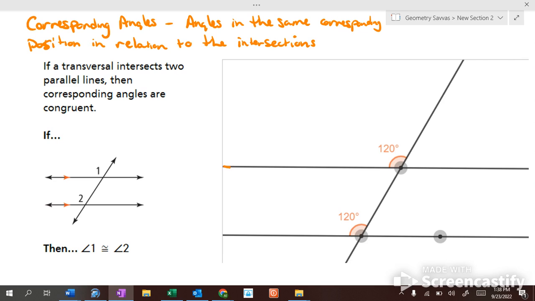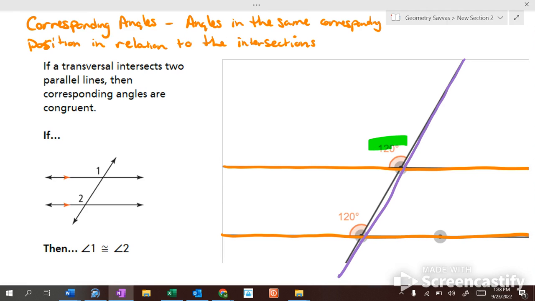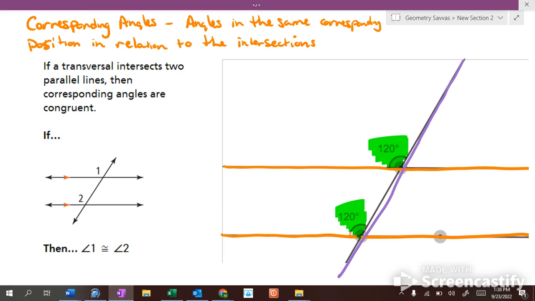This angle is to the upper left of that intersection point. This angle is to the upper left of the intersection point. So if they're both to the upper left of the intersection point, they're in the same corresponding positions.